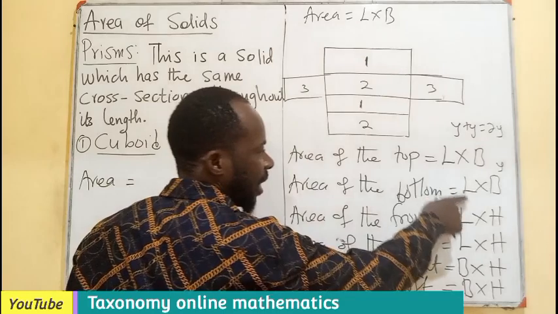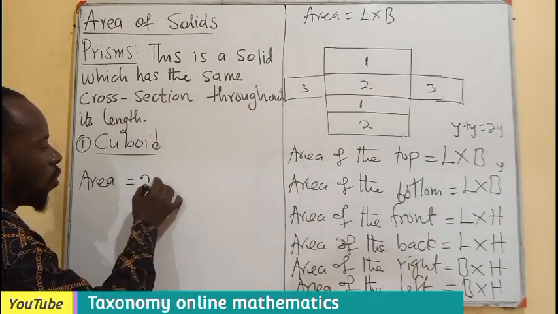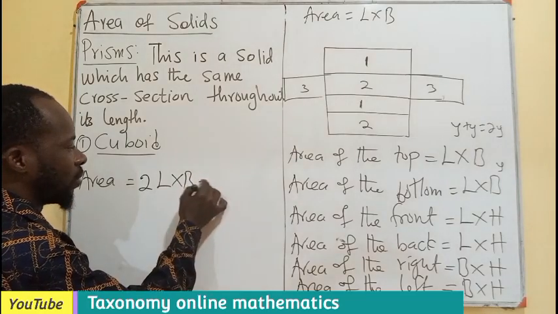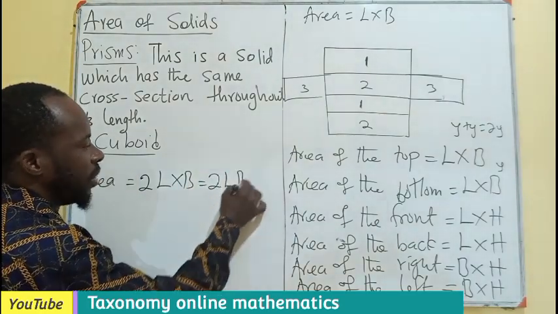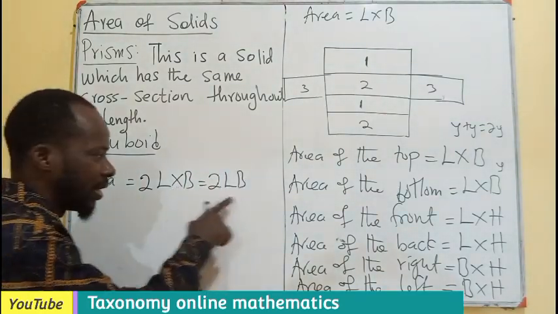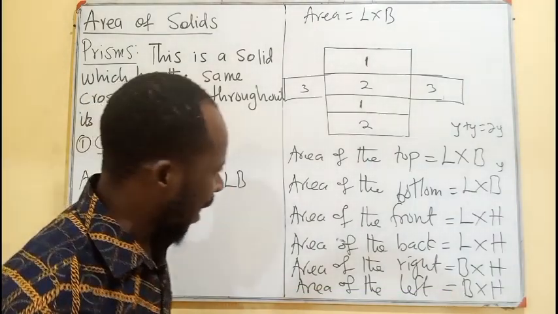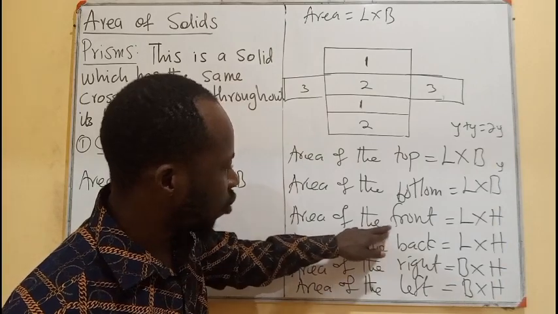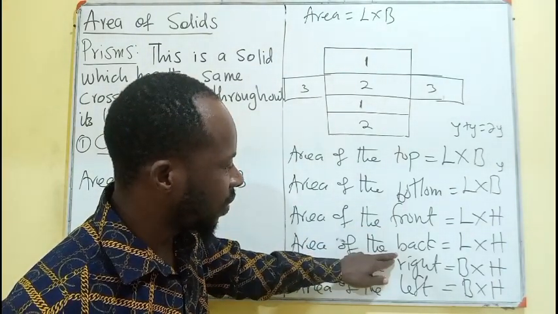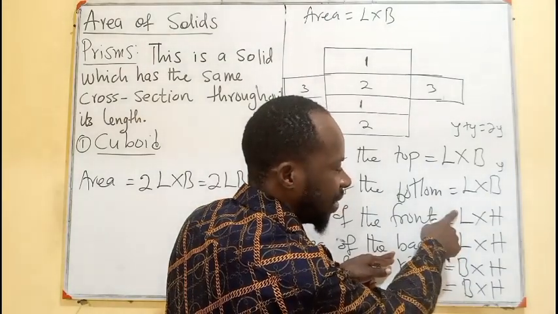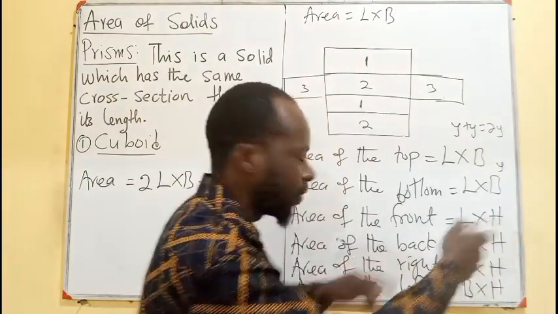So first I'll be having this, which is going to be 2 of the L times B. Don't forget this could be 2LB. Removing the multiplication sign does not spoil the value of this. Then if I am taking that of the top, the front and the back, I am also having 2 of this. If this is x, it will be 2x.